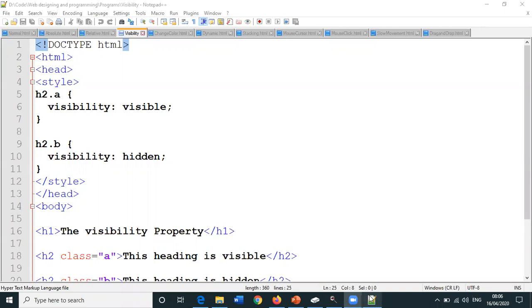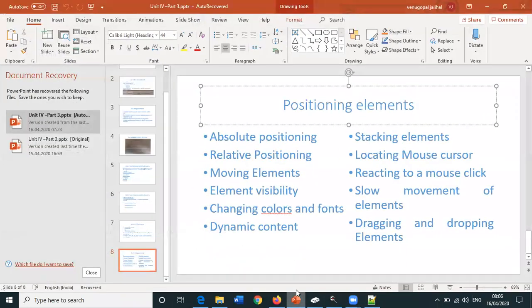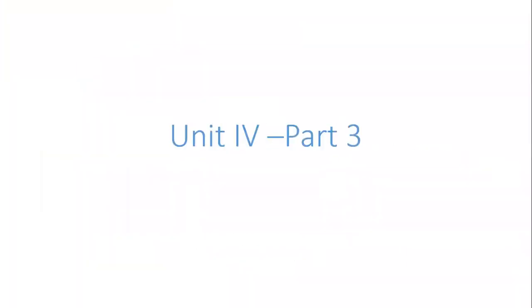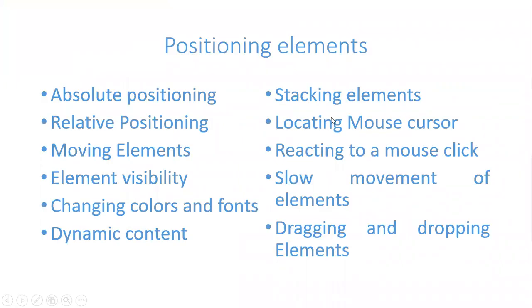Okay. Now, in the previous example, we have seen the positioning of elements. We saw absolute positioning, we saw relative positioning. Moving of elements is nothing but how do you move the elements based on absolute positioning as well as the relative positioning.